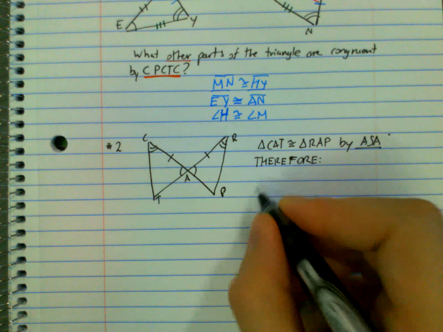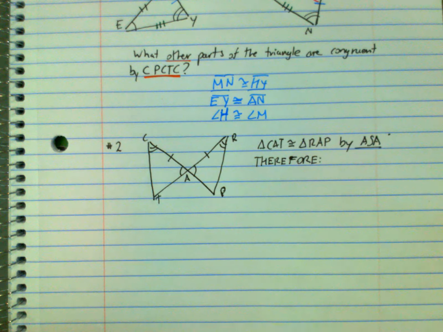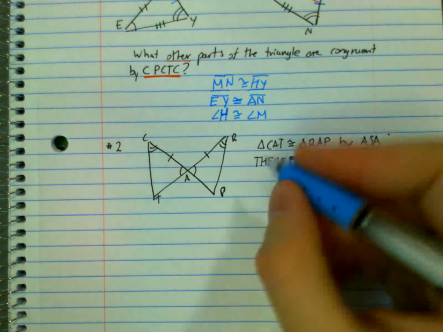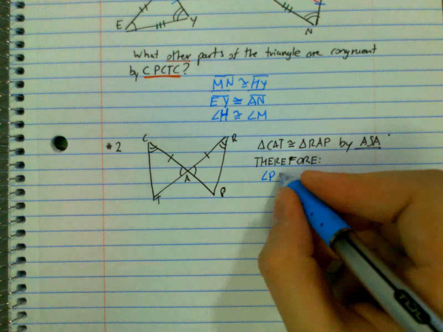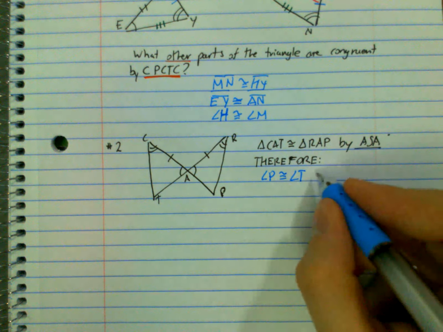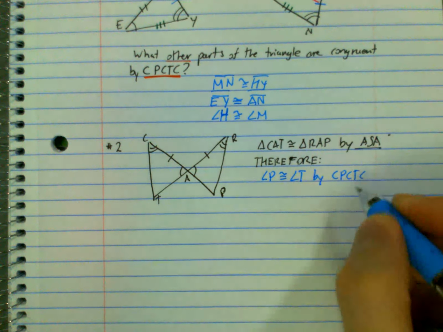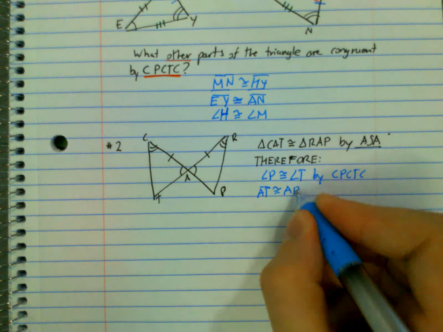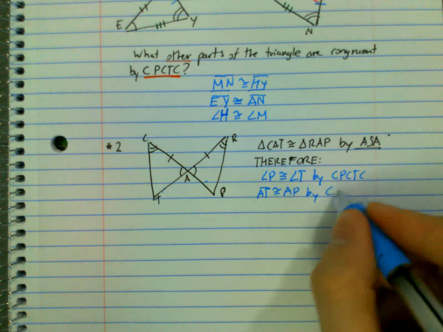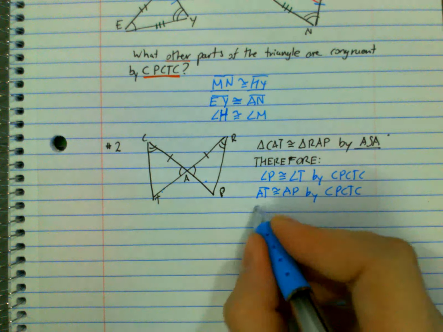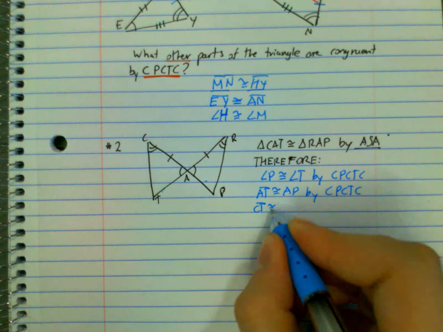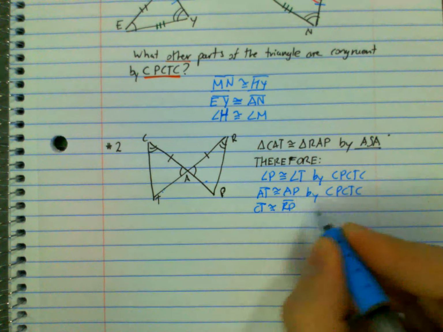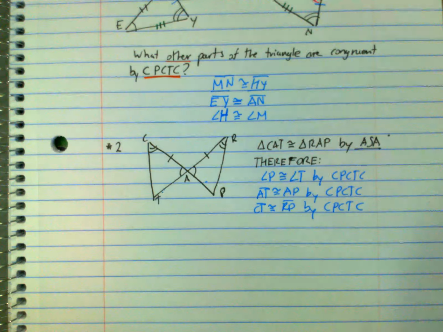Okay, we know that angle P is congruent to angle T by C.P.C.T.C. We know that segment AT is congruent to segment AP, these guys, by again C.P.C.T.C. And we know that CT is congruent to RP by C.P.C.T.C.